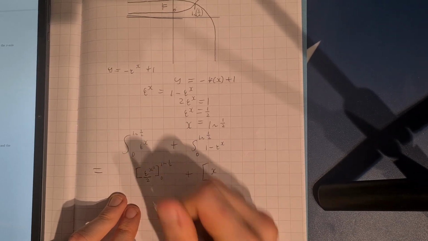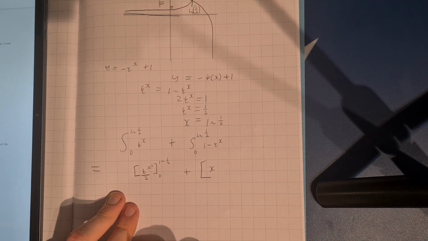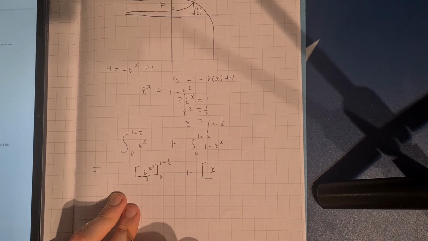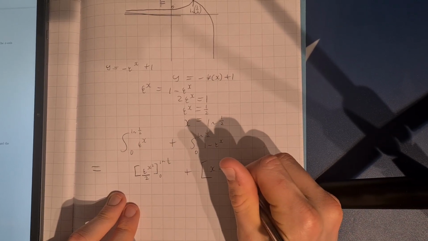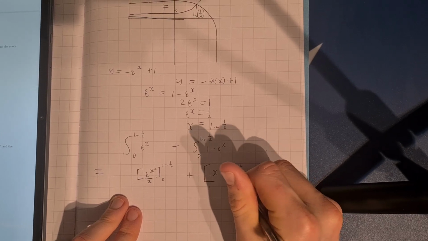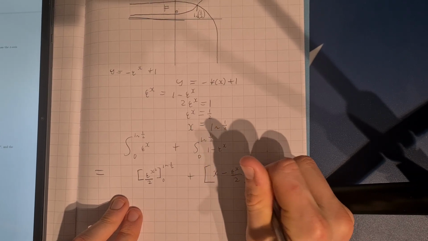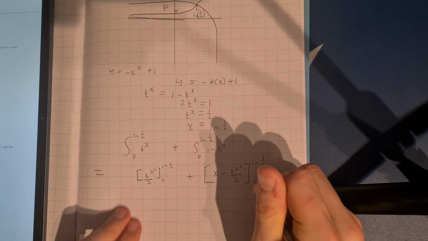So that over 2. Minus e to the x squared over 2, ln a half, 0.